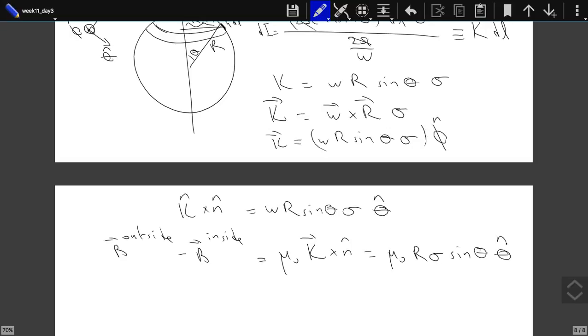Well, this tells me that it's only the theta components of B that is discontinuous. Now, that's not a great surprise because we started with a scalar potential phi m, which doesn't depend on phi. So basically, the phi component of B is 0 inside, 0 outside, so it's continuous. But the theta component, since there's a surface current, turns out to be discontinuous.